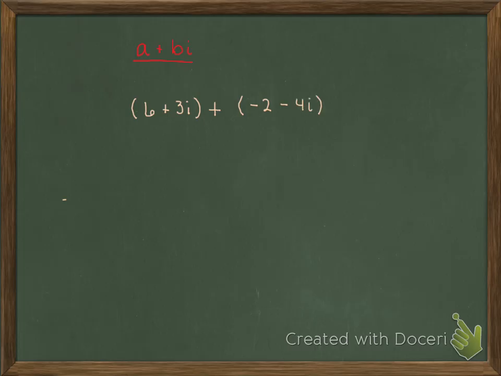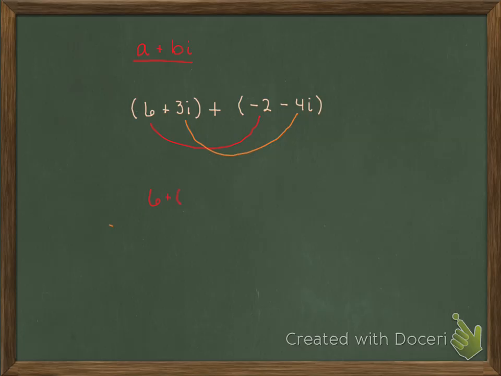Well, we know that at this point in our mathematical careers you can only add and subtract like terms. So the best thing to do here is to group your like terms together. Those are the A values, the real parts of those imaginary numbers, and these are the imaginary parts. So I will group them together.